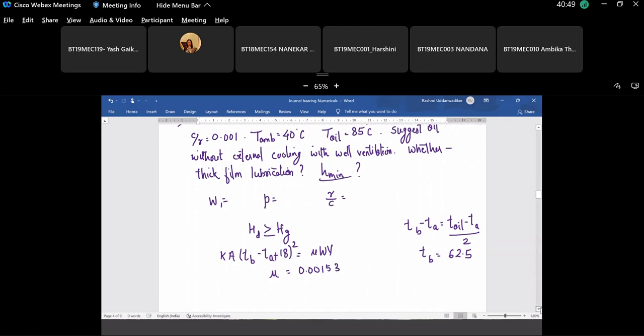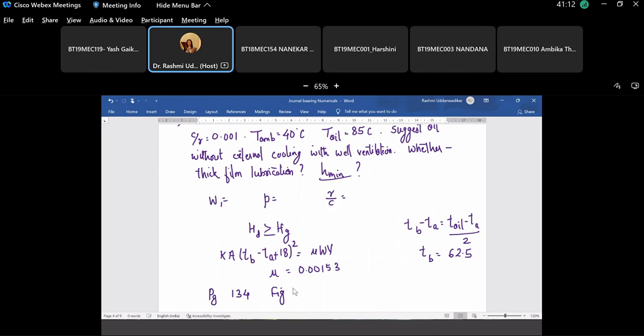Okay, so with mu now we can refer to the graph between Sommerfeld number versus mu R by C, which is given in figure 13.3, page number 134. I must write down this page number and figure number every time, so it's easier for you to check the values. This is the graph between mu r by c along y-axis and Sommerfeld number along x-axis. Check for L by D 1.